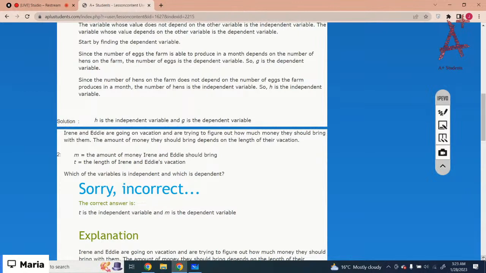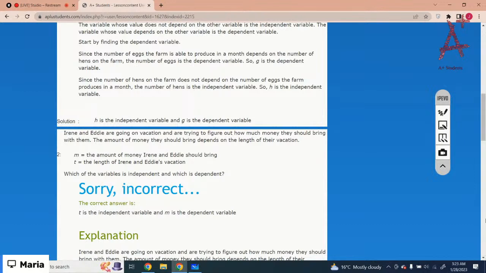M is the amount of money, and T is the length of the vacation. So M is the dependent variable and T is the independent variable. It's up to them how long a vacation they want to take. So the vacation length is independent while the money is dependent, because the money depends on the length of the vacation.